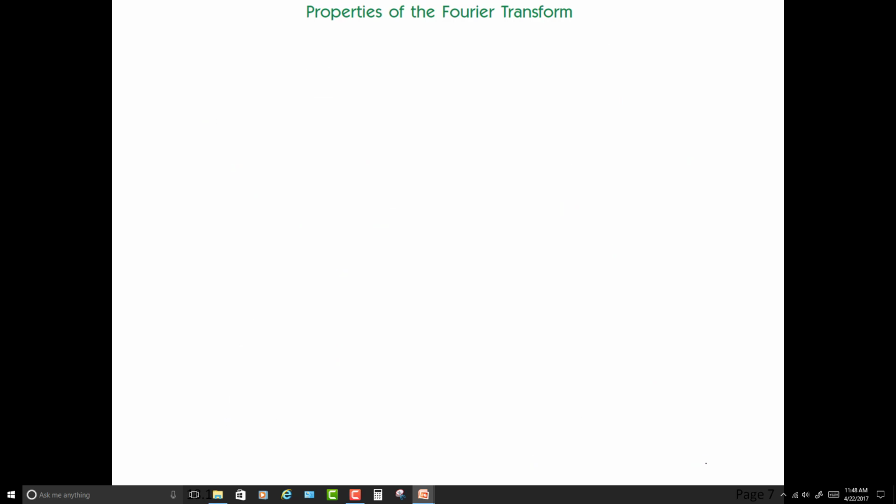All right, more properties. So let's proceed then with time integration. So here is the result from time integration. We're not going to do a proof of all this, but notice what it is.